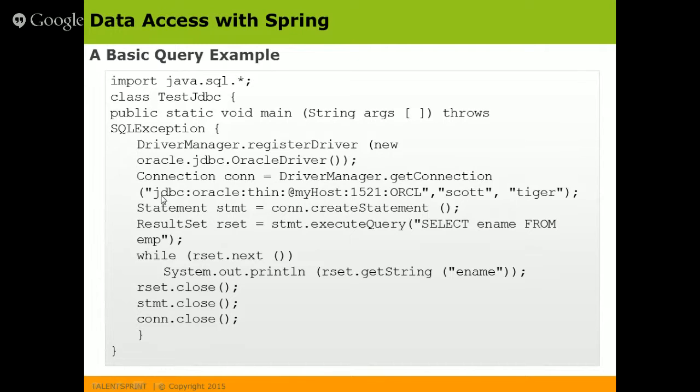If you observe the URL here, JDBC colon Oracle colon thin, and I'm specifying each and every location and environment. Like I'm giving the server name, I'm giving the port number, I'm giving the service ID, that is ORCL, everything.